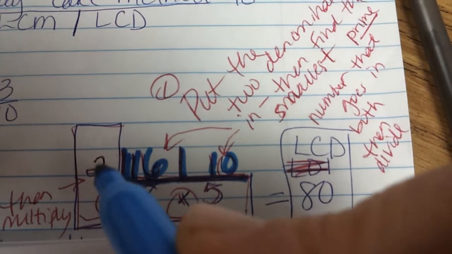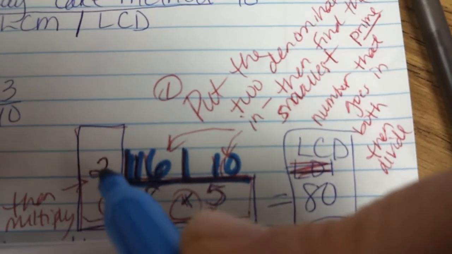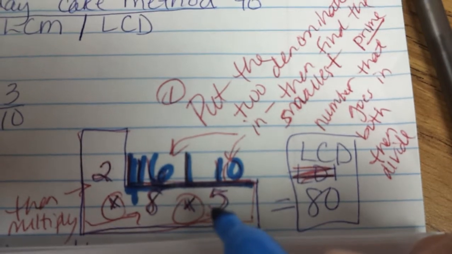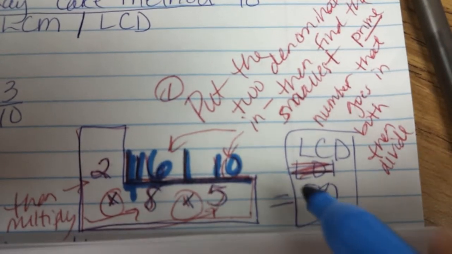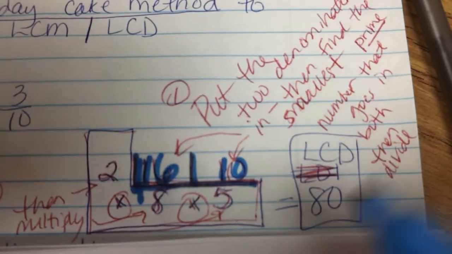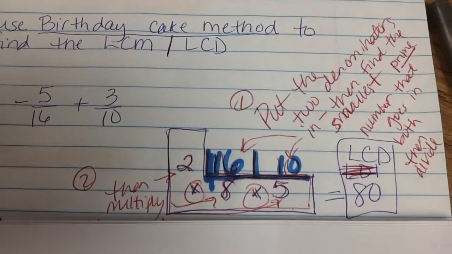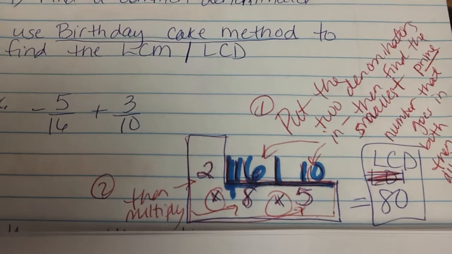Then, since there's nothing that goes into both 8 and 5, I'm done. So I'm going to multiply the 2 times the 8 times the 5. And when I do that, I get 80. So my least common denominator is 80. That's what I'm going to use as my common denominator in the next step.